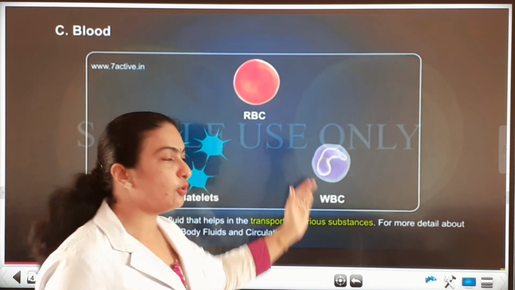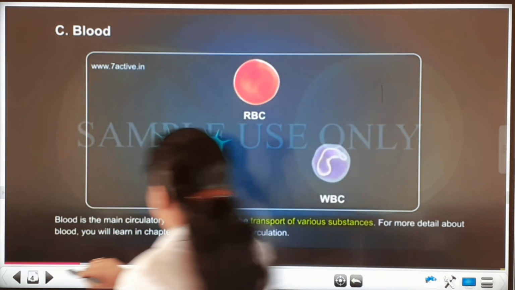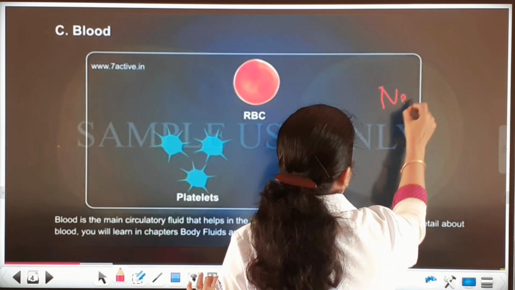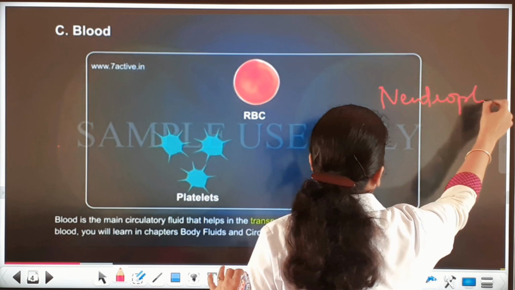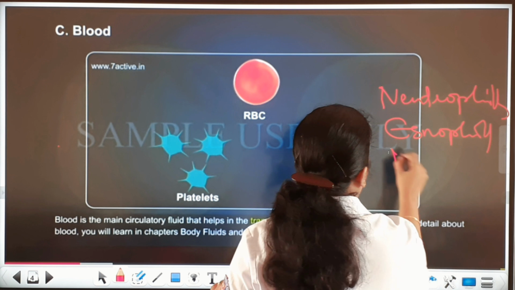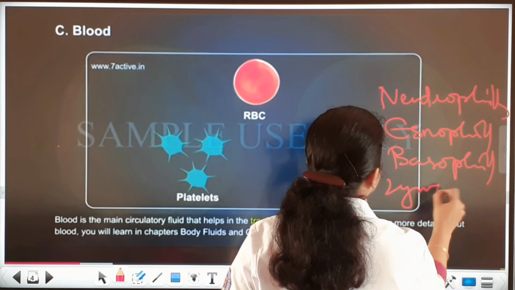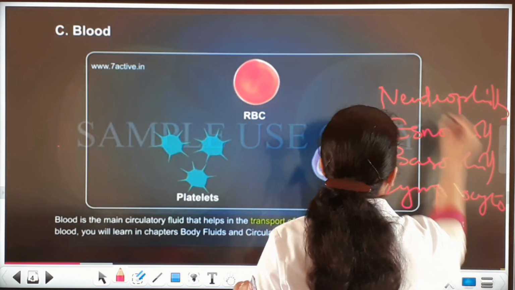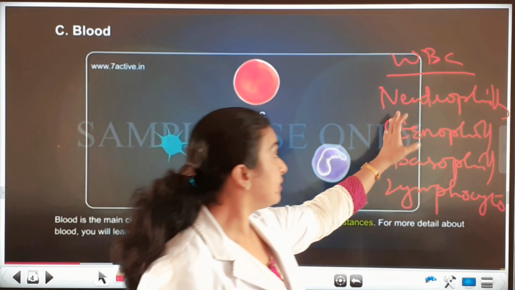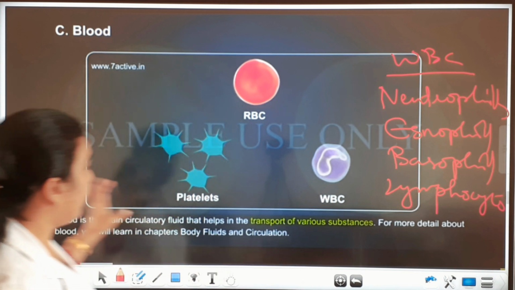Here in your textbook you can see different types of WBCs: neutrophils, eosinophils, basophils, then lymphocytes, etc. So these are the types of WBCs. You can see the structure of these types of WBC in your textbook. You can go through the textbook there.